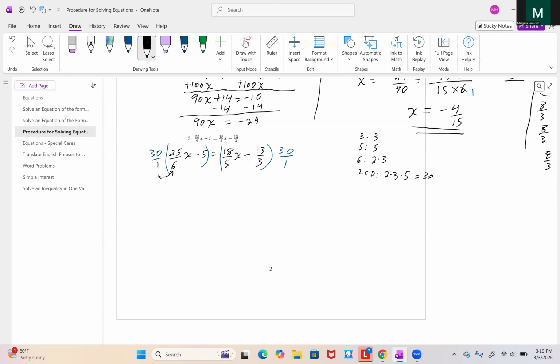So this times this, and this times that. Remove the parentheses.